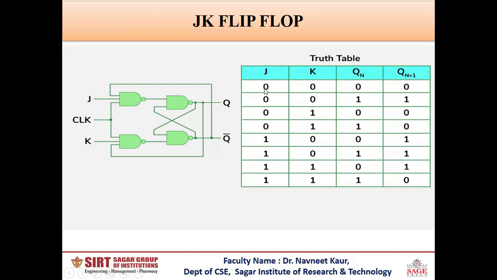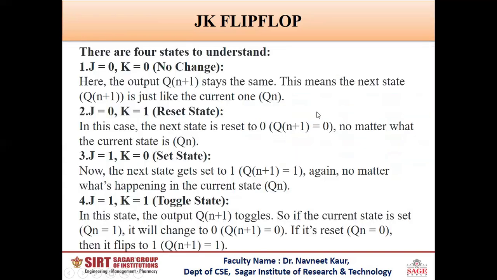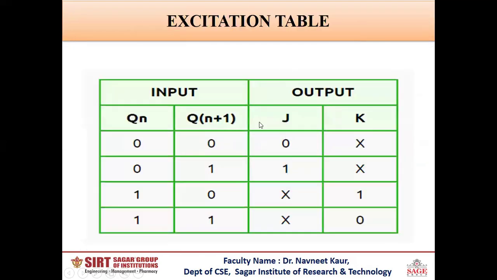Now, here we can conclude that for Qn equal to 0 and Qn plus 1 equal to 0, J is always 0, whereas K can be 0 or 1. So J is always 0 and K will be the don't care condition.